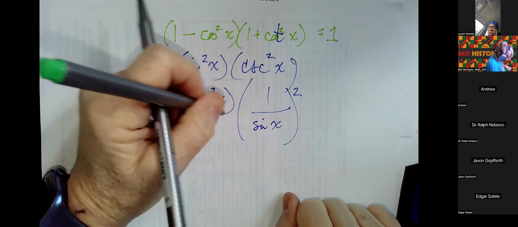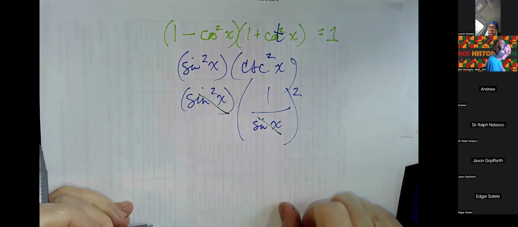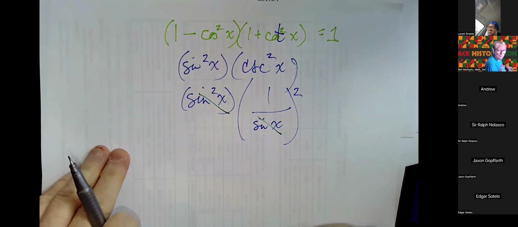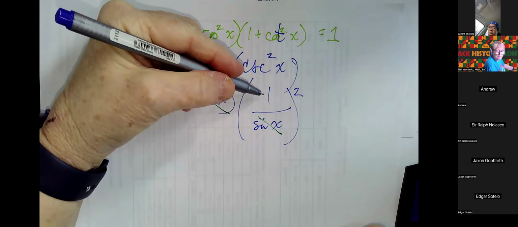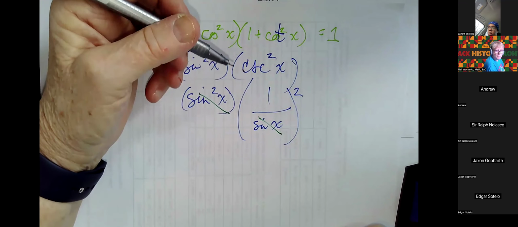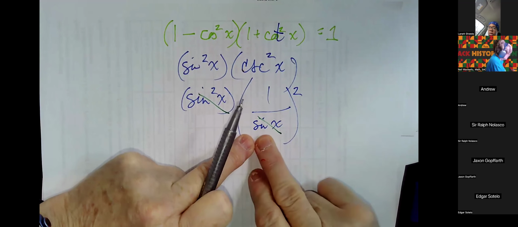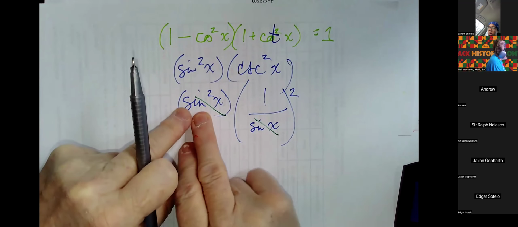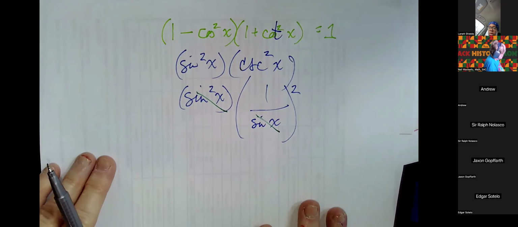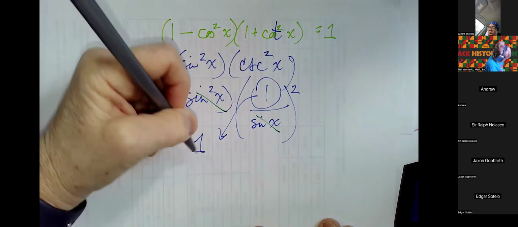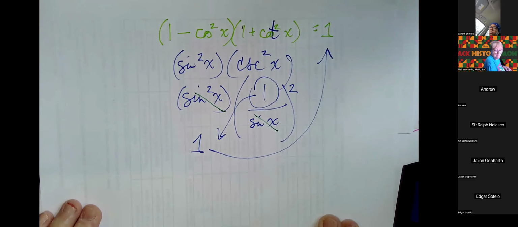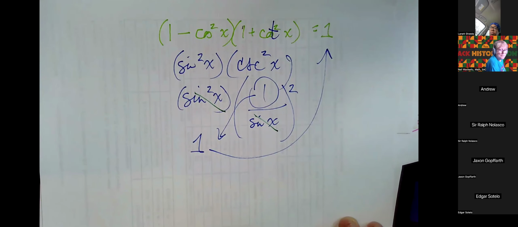You could divide the squared sines. We have 2 sines in the denominator, 2 sines in the numerator. So they're all gone. What's left? Oh, just the one then. And 1 is what we wanted. Okay, yeah.